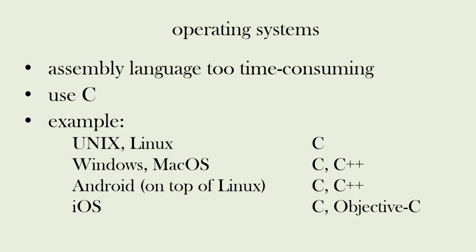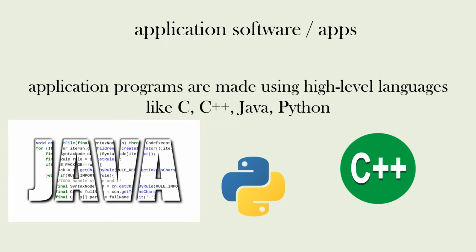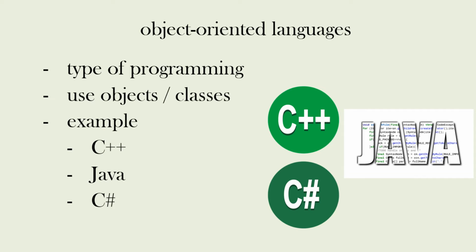Even the Apple operating system uses a form of C called Objective-C with C. Application software uses high-level languages like C++ and Java and Python. C++ and Java, together with C#, are called object-oriented languages, which is a type of programming that uses objects and classes.